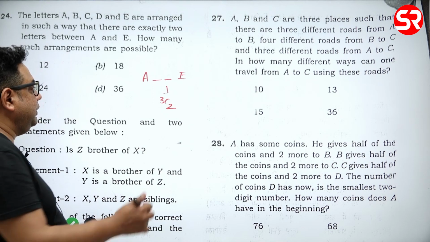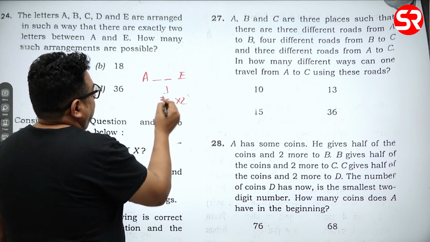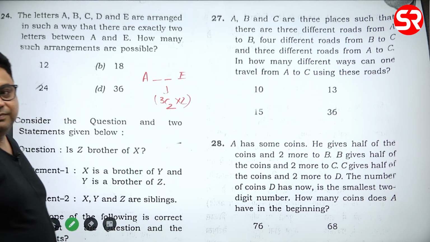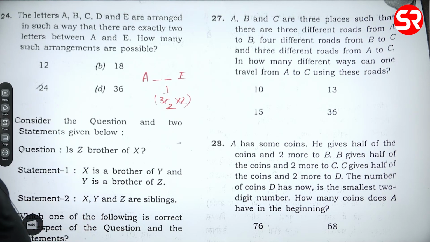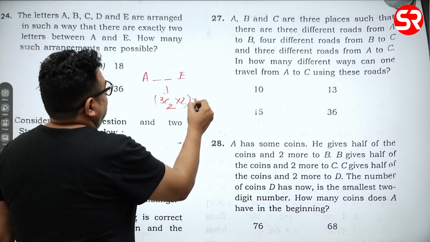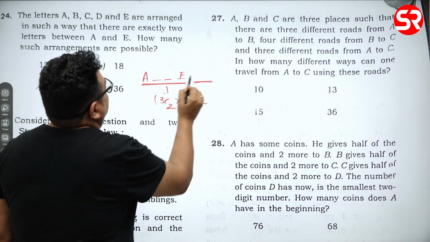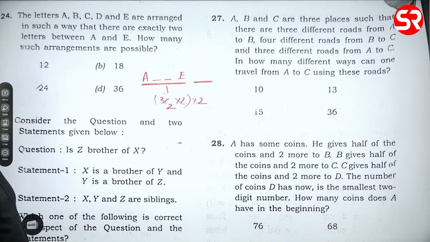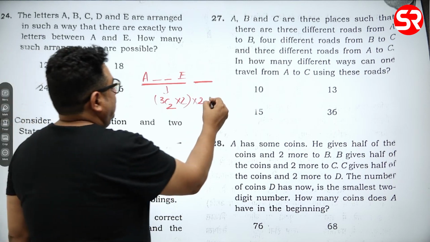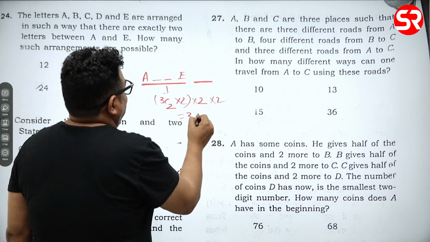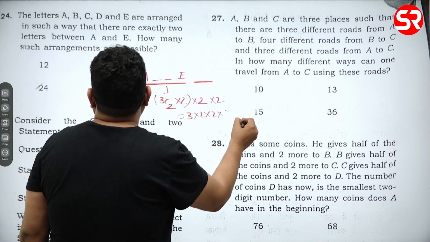Then 3C2 into 2, because they can juggle also. And then this A and D can juggle also. And let them be at one place. And one place is left for the fifth one. So now these two places can juggle as well. So it is 3 into 2 into 2 into 2, 24 is your answer.